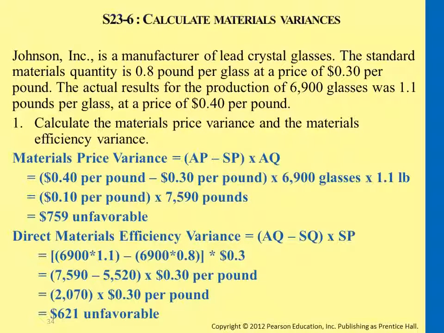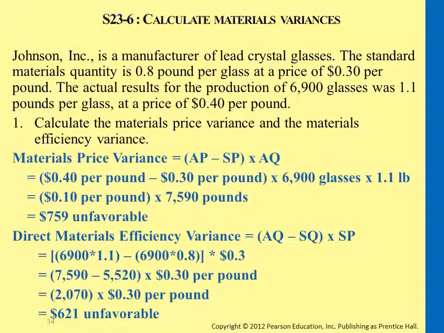So this means that since we spend additional material on producing a product, it will cost us more. So this additional cost is unfavorable. Again, for efficiency variances, we're just comparing the actual pounds that we used against the budgeted pounds.